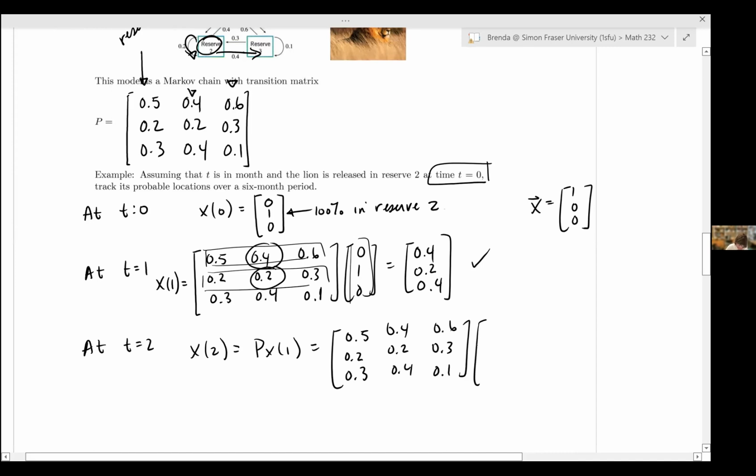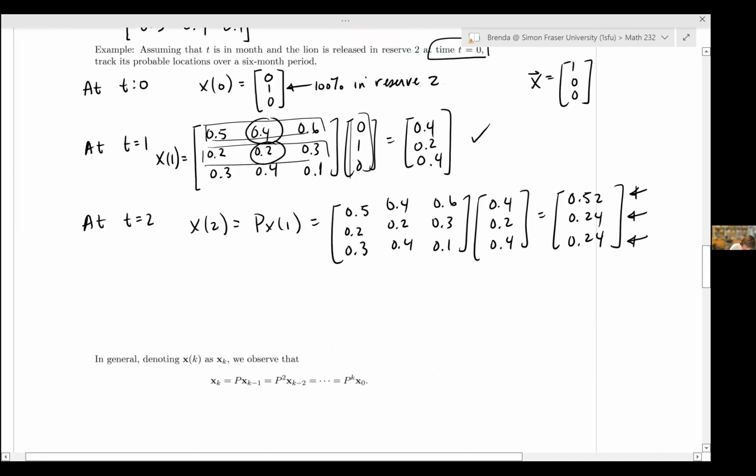And then we multiply by x of 1, which we've previously figured out to be this guy here. And we do that multiplication, and I got these numbers here. This means there's a 52% chance he'll be in reserve 1, a 24% chance he'll be in reserve 2, and a 24% chance he'll be in reserve 3.